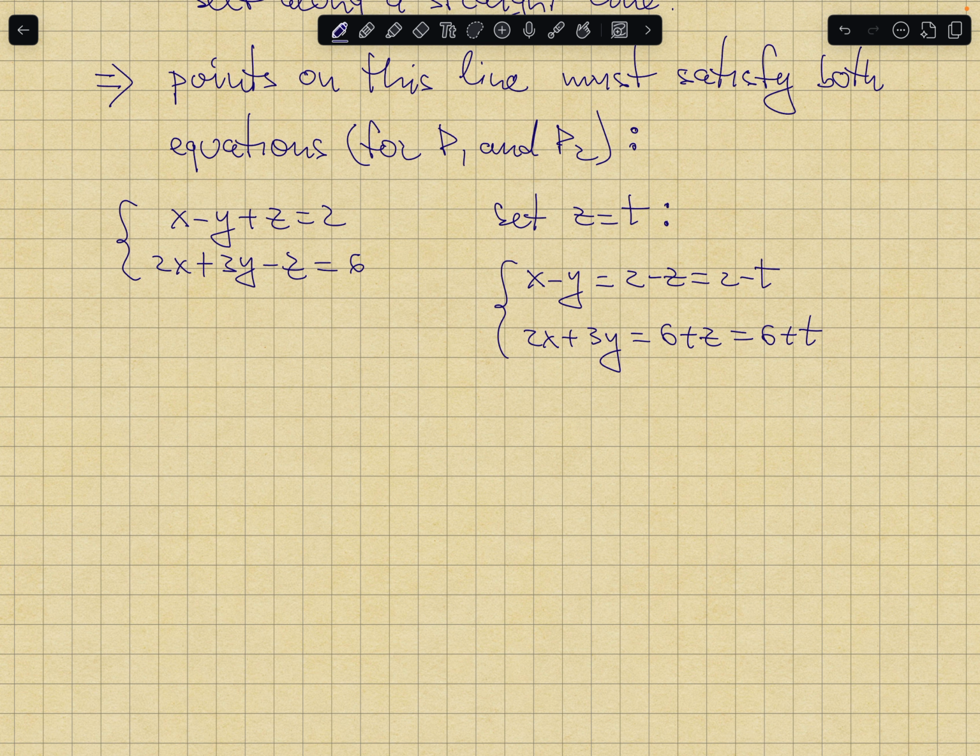And so I need to solve both of these equations for x and y in terms of t. So let me just simplify this. X minus y is 2 minus t. 2x plus 3y is 6 plus t.